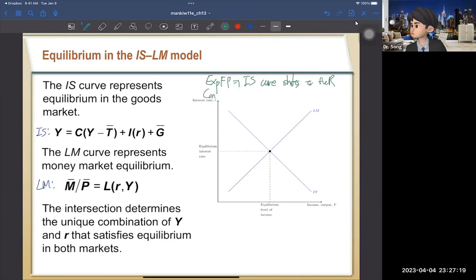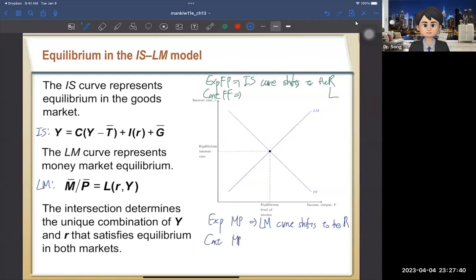On the other hand, contractionary fiscal policy shifts the IS curve to the left. And the monetary policy is the same. With expansionary monetary policy, the central bank puts more money into the market, then the LM curve shifts to the right, and with contractionary monetary policy, the LM curve shifts to the left.